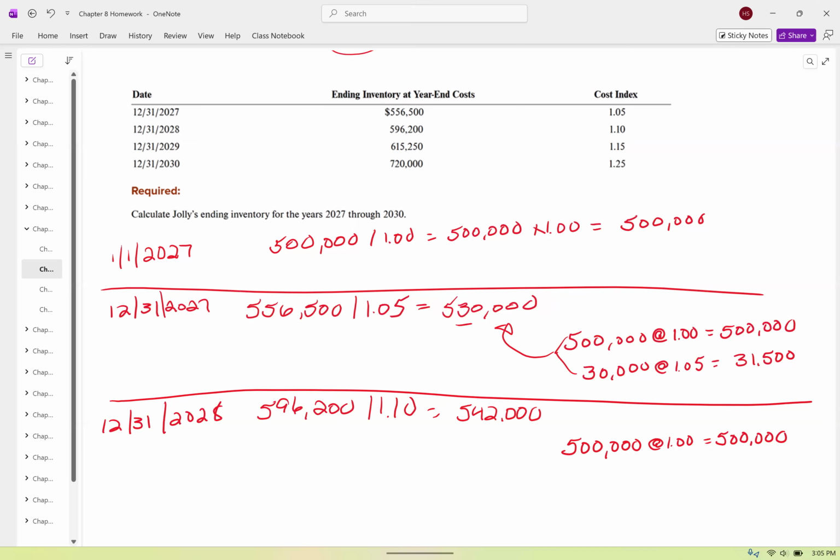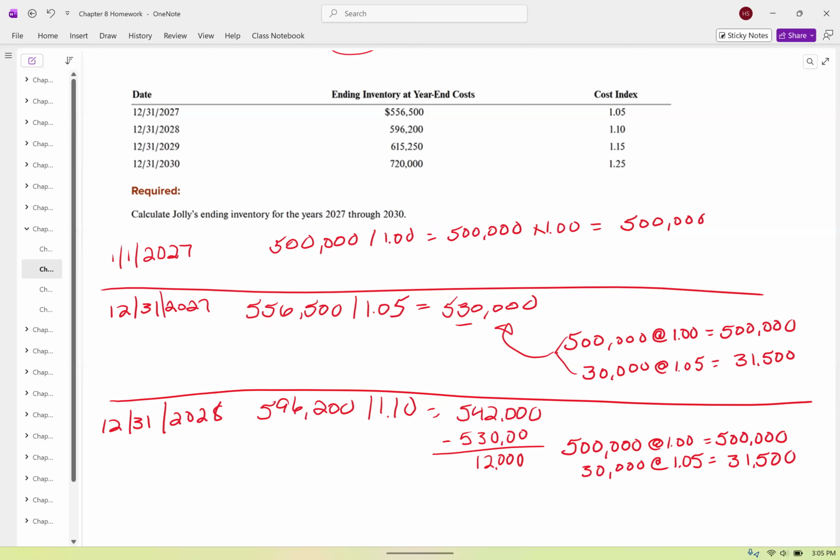We still have our 30,000 layer. We created that layer in the year 27 at 1.05. It's still there, 31,500. Now, if we take 530,000 away from that, we end up with 12,000 units.